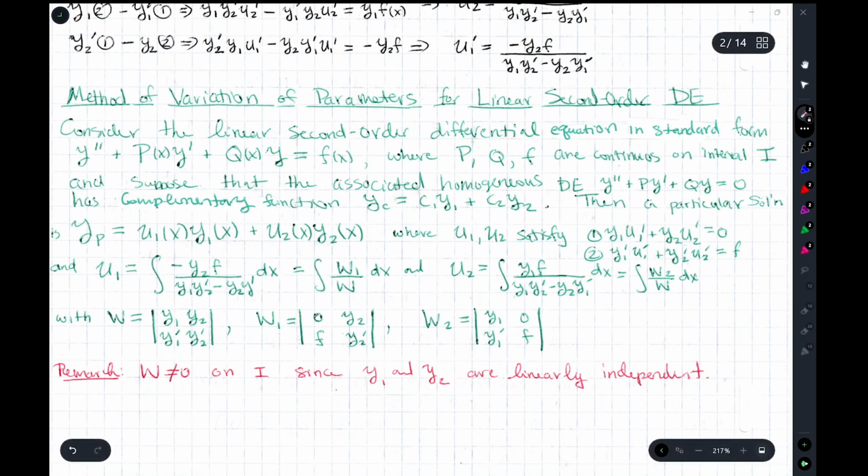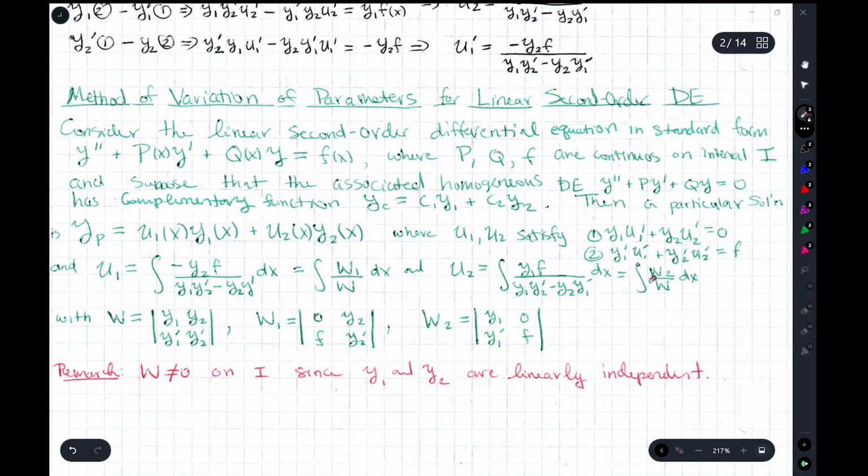Then a particular solution in this form here, where u1 and u2 satisfy these two equations, and when solving these two equations, we get these formulas for u1 and u2.